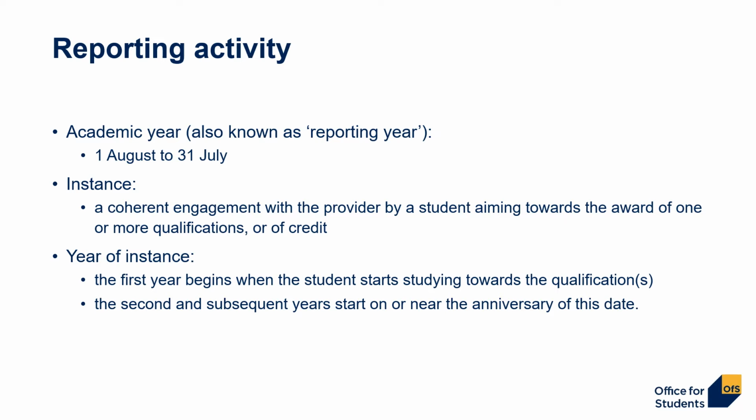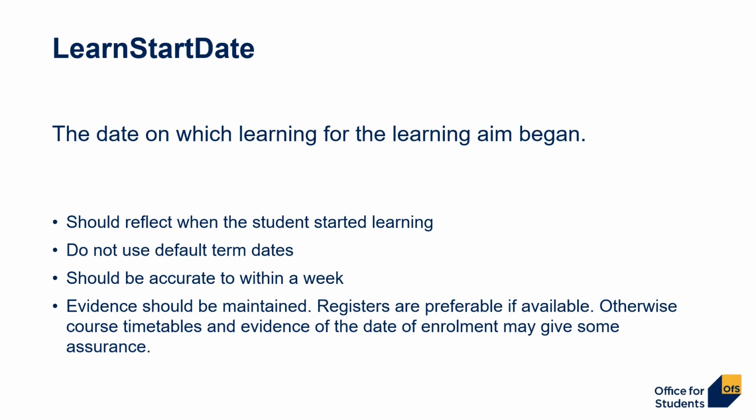So the first field is LearnStartDate, and this is the date that the student begins their learning on their learning aim, and that's the date that should be captured here. So we don't want any default term dates, and we would expect the start date to be accurate within a week.